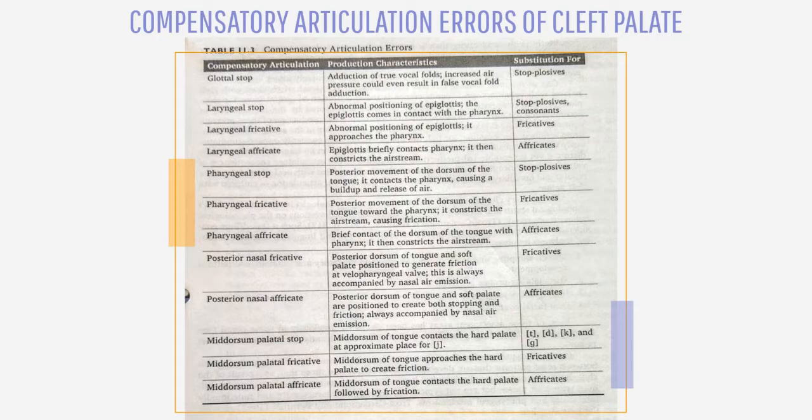Then the middle section tells you exactly what they're doing. And on the left-hand side, you're going to see the compensatory articulation, such as the glottal stop. I just felt like this was a snapshot that really gave you a comprehensive look at how many different substitutions are occurring, and how many different compensatory strategies individuals with cleft figure out and learn on their own in order to still produce speech.